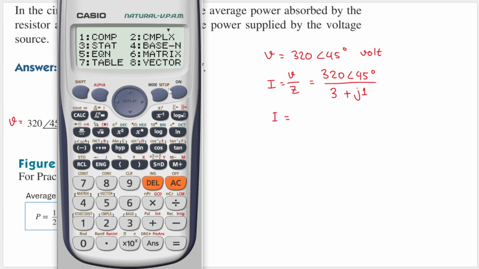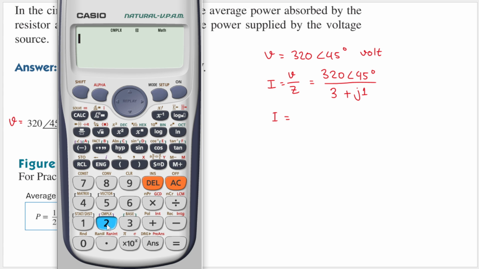Okay, let's set up our calculator as complex, so this one, and complex is number 2. And let's set our fraction. We have 320, and then the angle is 45, and then we will have 3 plus J1, so I will have 1i.